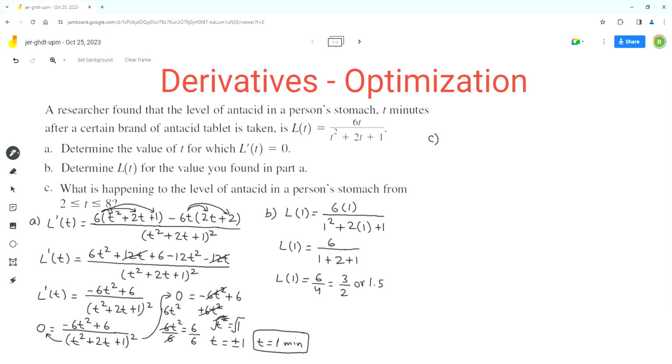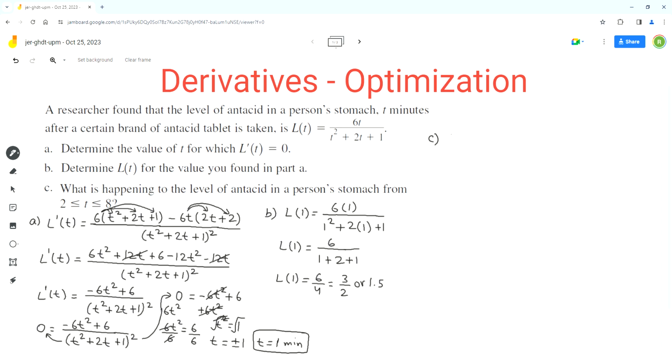We can figure that out by finding out whether the L prime of t function is positive or negative in the interval from 2 to 8 minutes.